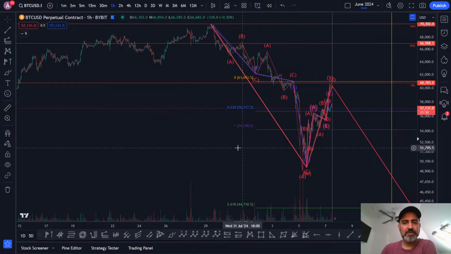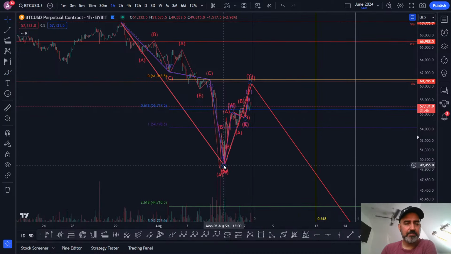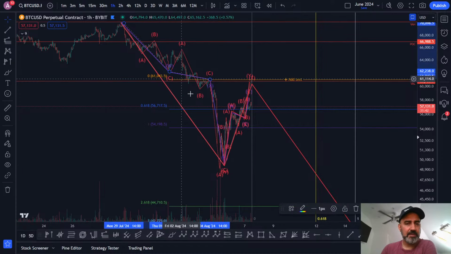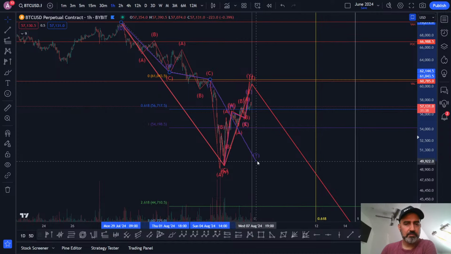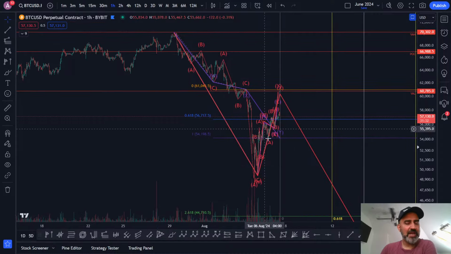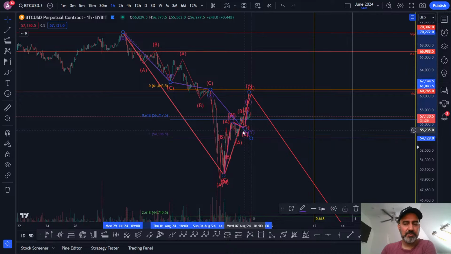Okay, if you would have seen a more, kind of, the right kind of corrective move, when I say right, there's no real right, kind of like following the same track, the same trajectory like that, then we probably would have come and settled at the 1-to-1, probably now actually at 54k.